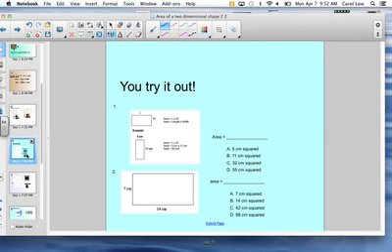Now I want you to try it out. It's kind of little, but the base is 5 and the height is 11. So remembering that the area is length times width, or base times height, I'm going to have you figure it out for a minute.